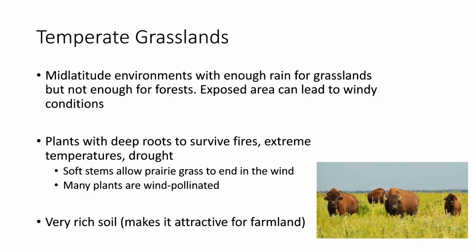But moving from the deserts to a more temperate environment. So the temperate grasslands you can think of as the Midwestern United States, at least in the past. A lot of the grasslands in that area have been replaced with agriculture.